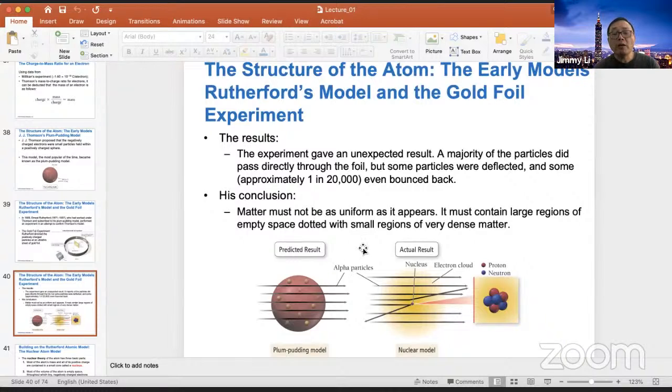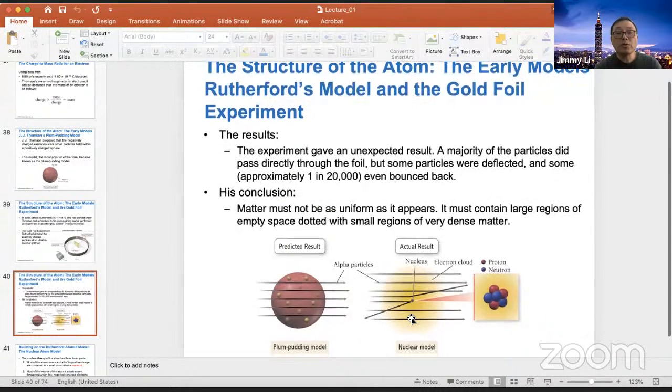He used an alpha beam to shoot through the gold foil. What he noticed was that the majority of particles did pass through the foil, but some particles got deflected.